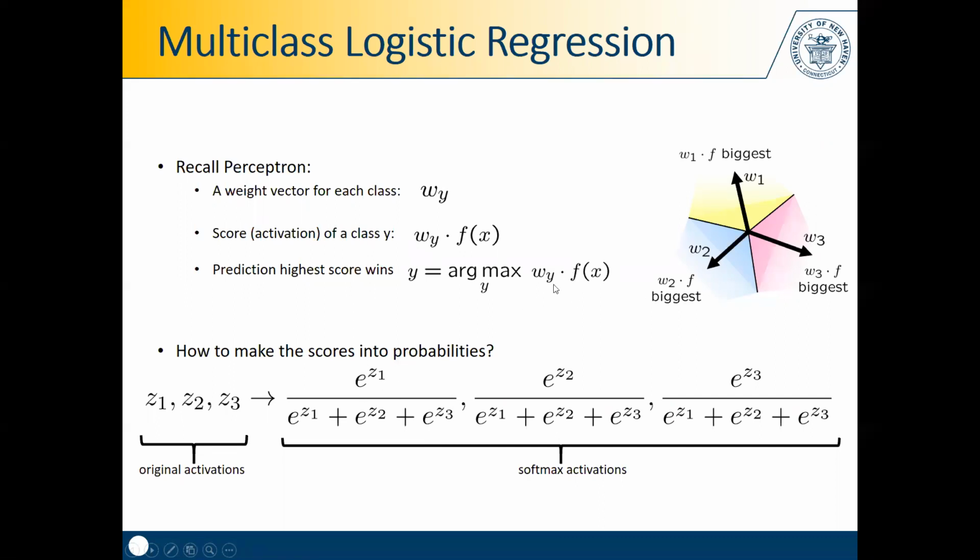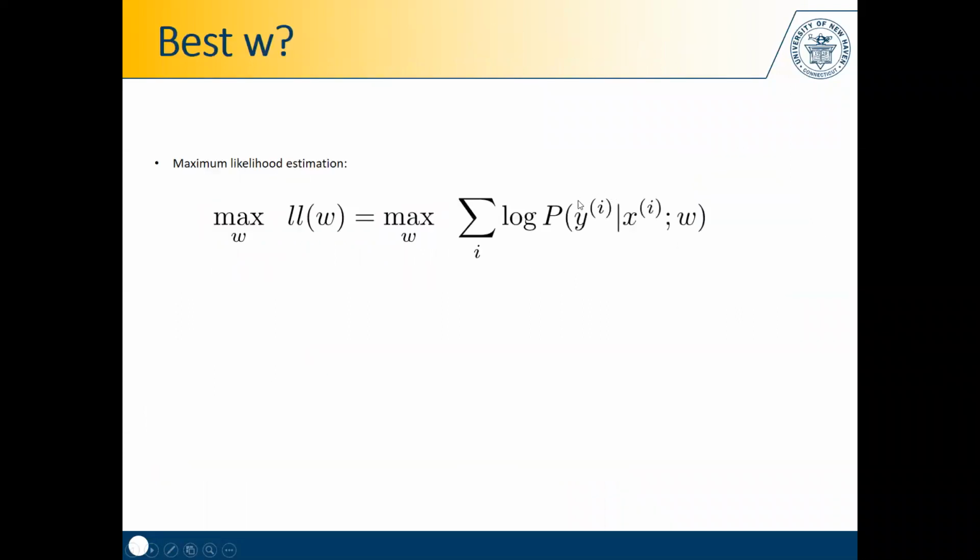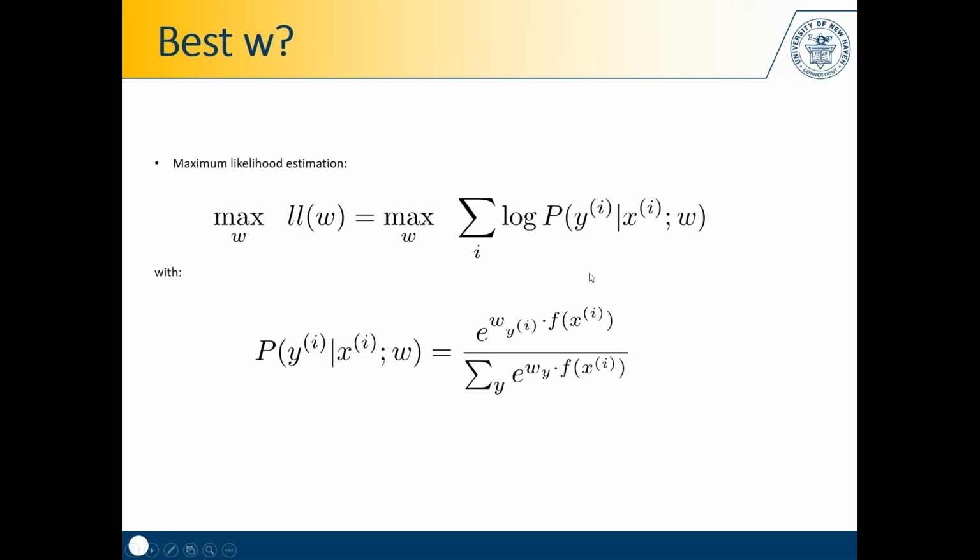Z1 is essentially the score of the first class, class 1, and this one in here is giving us the probability of the corresponding class being correct given W.